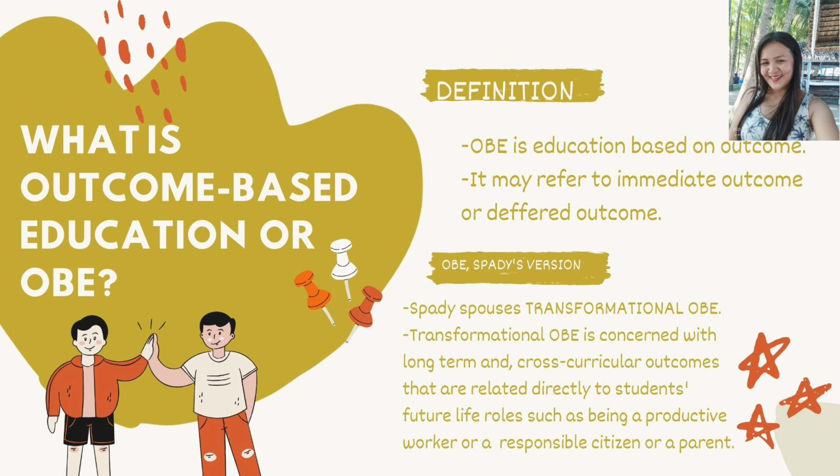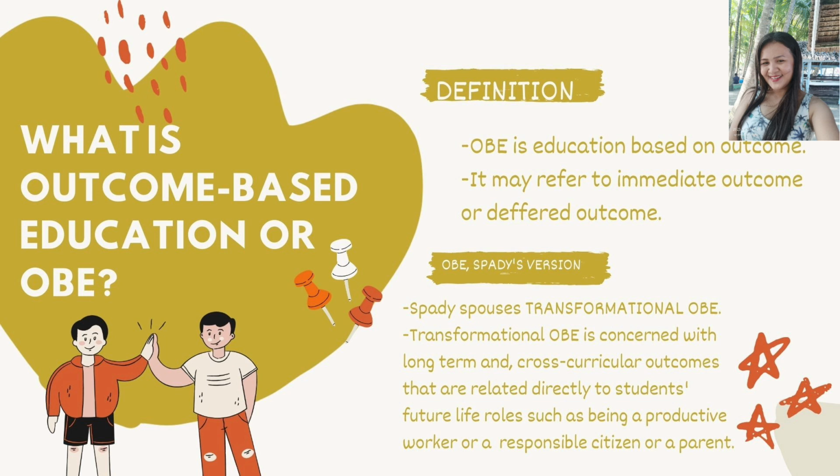Immediate outcomes are competency skills upon completion of a lesson, a subject, a grade or year, a course or subject, or a program itself. Examples are ability to communicate in writing, reading, speaking, and solve mathematical problems.